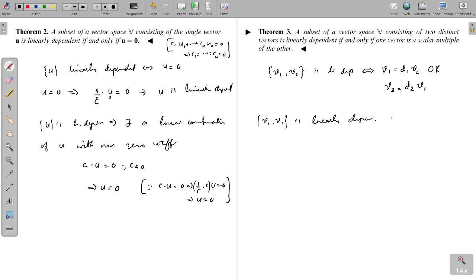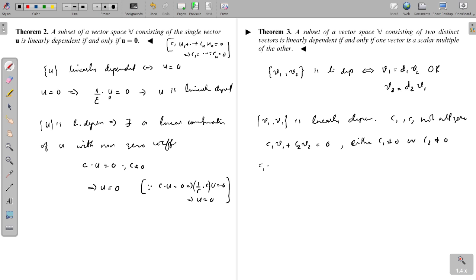That means there exist scalars c1, c2, not all 0, with the condition that c1 v1 plus c2 v2 equals 0. The linear dependence of this set gives the assurance of getting at least one non-zero coefficient from this expression. So one of them is always non-zero: c1 not equal to 0 or c2 not equal to 0.